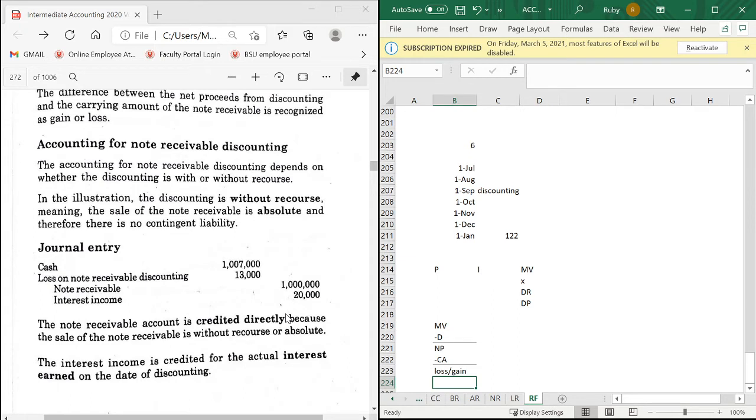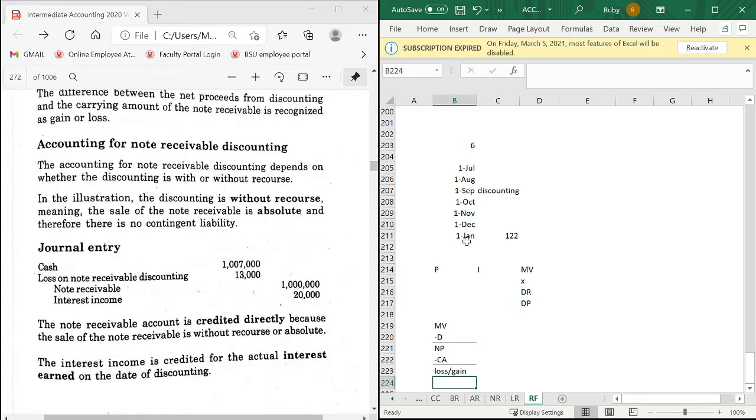Accounting for note receivable discounting. The accounting for the note receivable depends on whether discounting is with or without recourse. Kapag without recourse, the sale of the note receivable is absolute and therefore there is no contingent liability. Contingent liability na kapag hindi nakabayad si customer, sisingilin pa tayo.